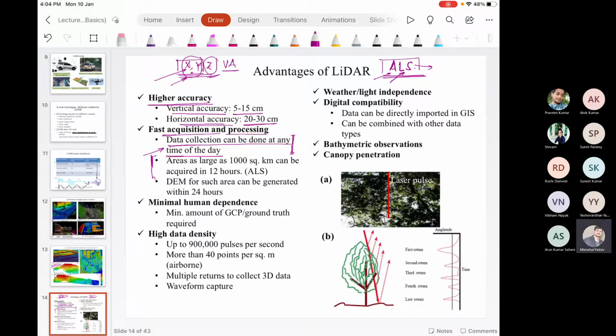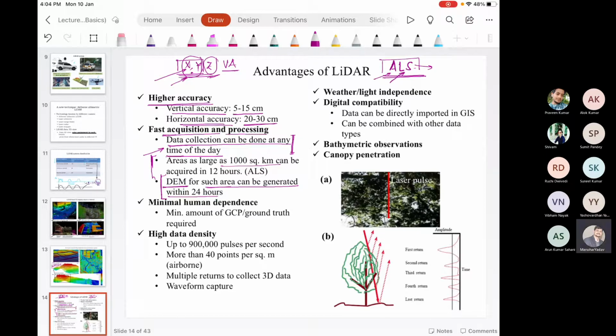Now, one of the applications using LiDAR is generation of digital elevation model, DEM. So further in data processing, after the data acquisition, a digital elevation model can be generated for this entire area, 1000 square kilometer.